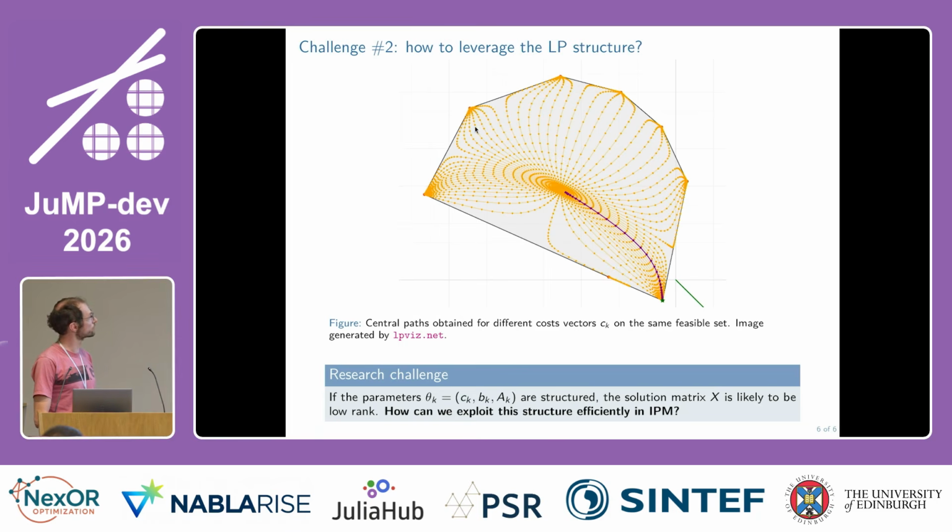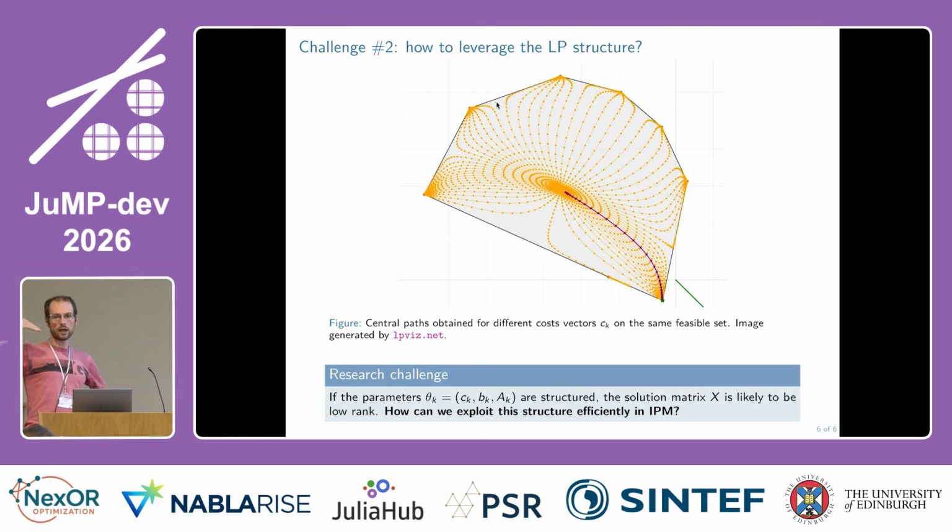Of course, the different central paths will converge to different vertices of your polyhedron. But here you can observe that all the solutions are clustering around the same values, right? That means that in your global matrix of solutions, capital X, you can get only as many different solutions as you have vertices in your problem.